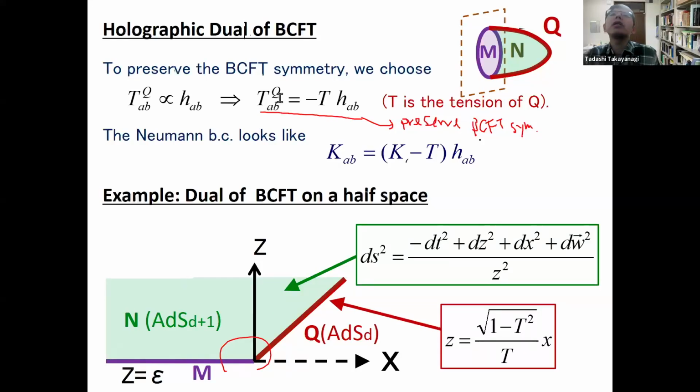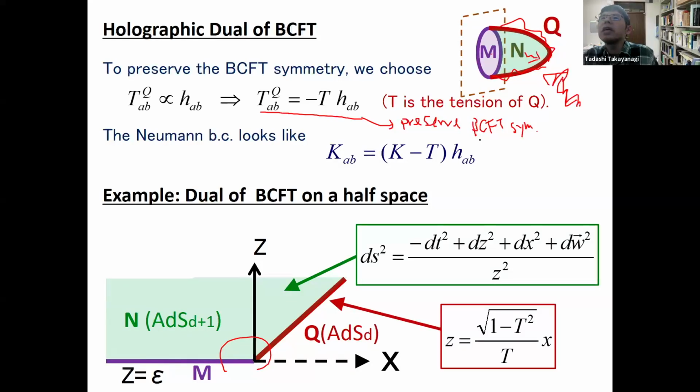And the other question: a BCFT on the manifold M is dual to gravity asymptotically, but what happens when Q is dynamical? If you send some gravitational waves, then this vibrates, right? The surface Q becomes dynamical. From the viewpoint of the boundary conformal field theory, we cannot send a signal from inside, because there is no universe outside.